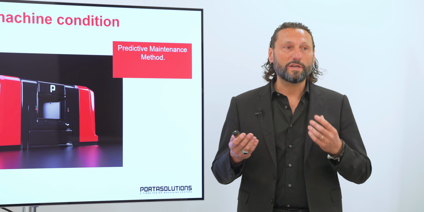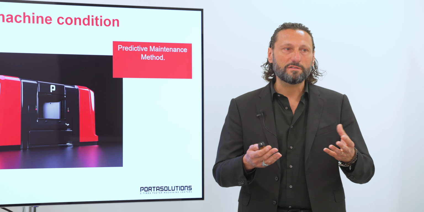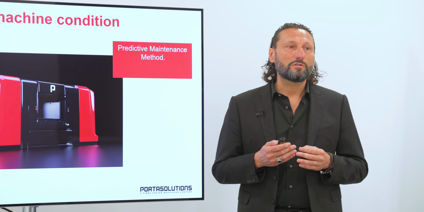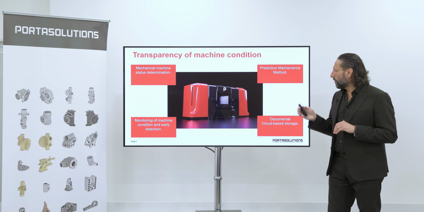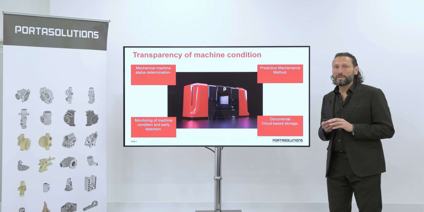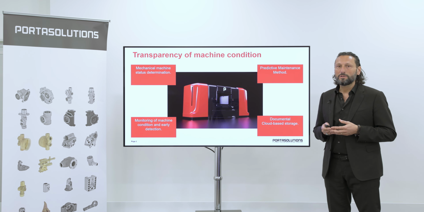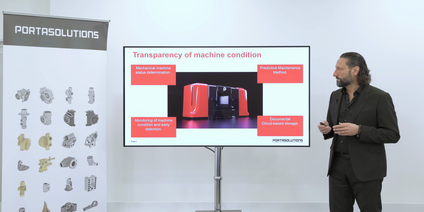We don't want to wait for a machine to break down to maintain it, because that is too late. Predictive maintenance is the correct timing to do maintenance when it is needed, so at the correct time. All this, thanks to digitalization, is cloud-based, so all this data will stay in the cloud and will build a history of your machine.